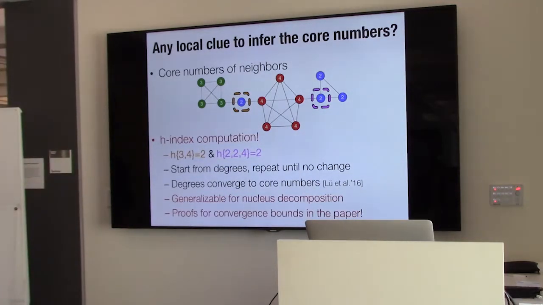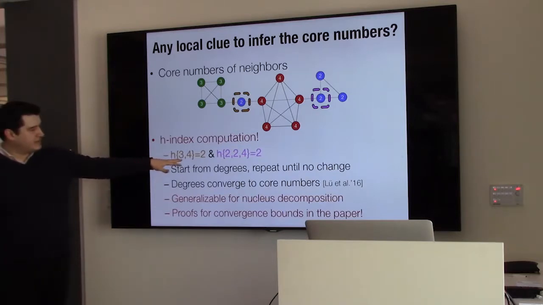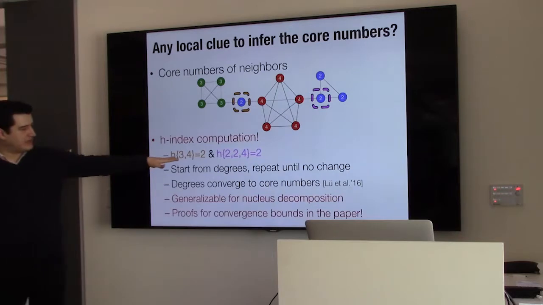What is the H-index? So the H-index is historically defined for the citations that each paper receives. In this case, it's basically the largest number H such that each of those numbers is larger than or equal to H. So in this case, I have 3, 4, and I have 2 numbers larger than 2, and this is the largest number I can get, so it's 2.